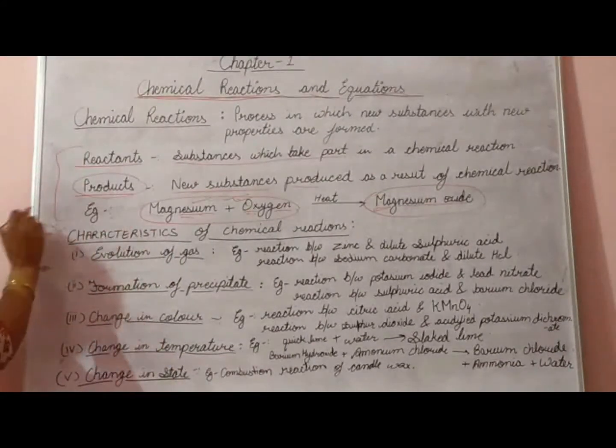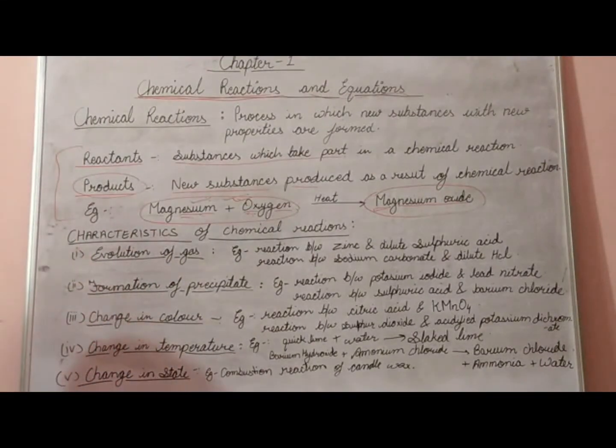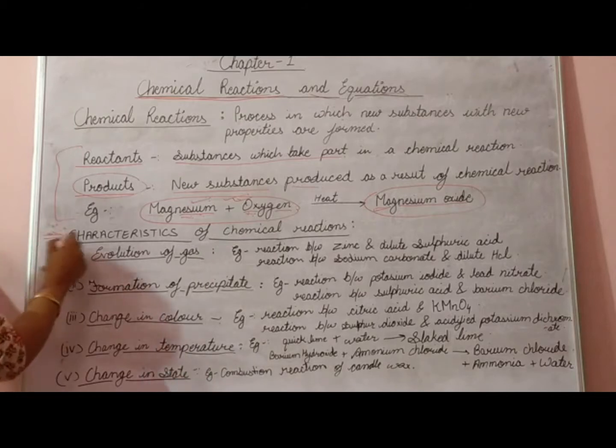So, this was a short introduction to the chapter, that is, what chemical reactions basically are. Now, if a chemical reaction takes place, how will we come to know whether a reaction has taken place or not?